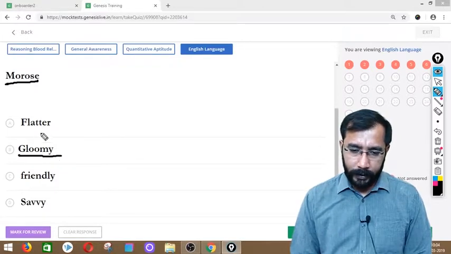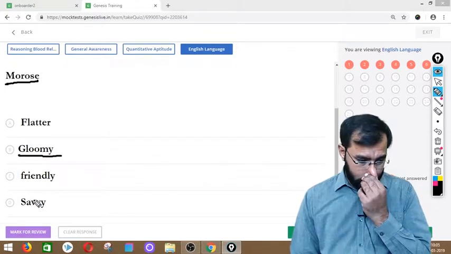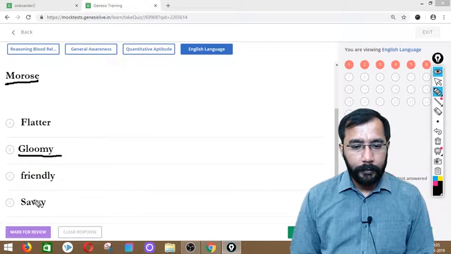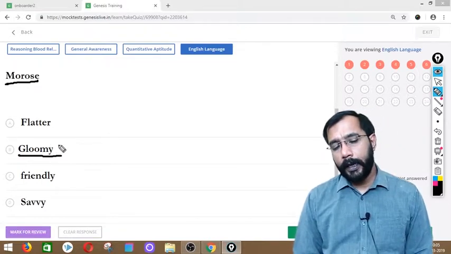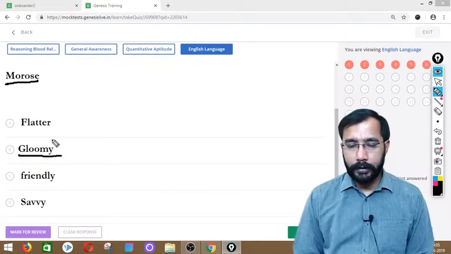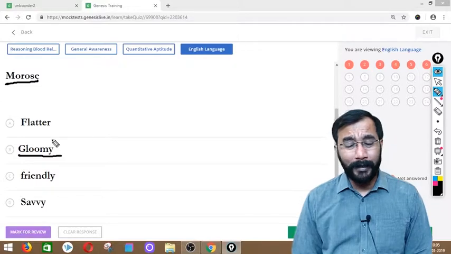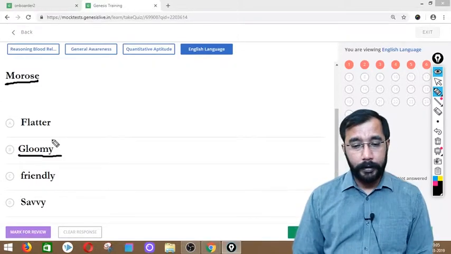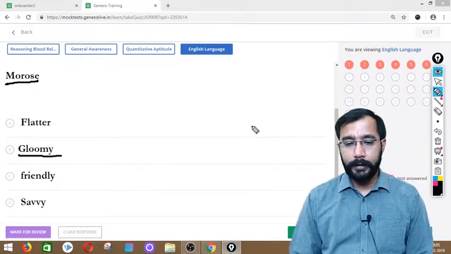Flattering is to praise someone, friendly is being nice to someone, savvy is being intelligent, smart. Gloomy, on the other hand, talks about being dull, being bored, or being upset over something. So the right answer for morose is gloomy.